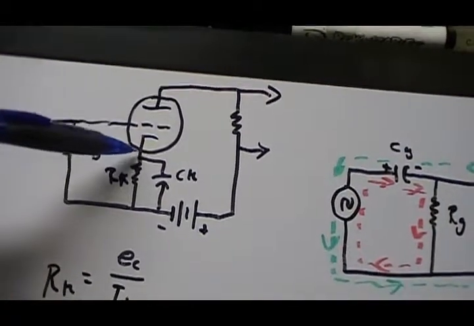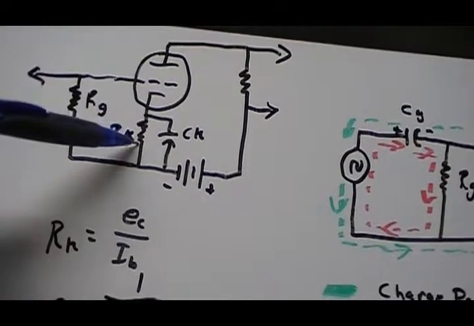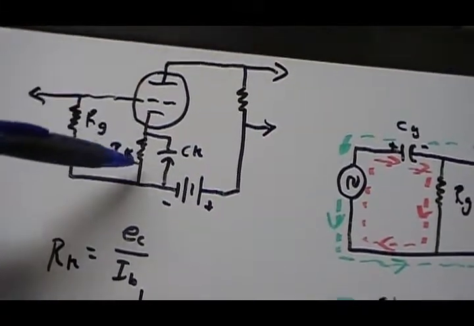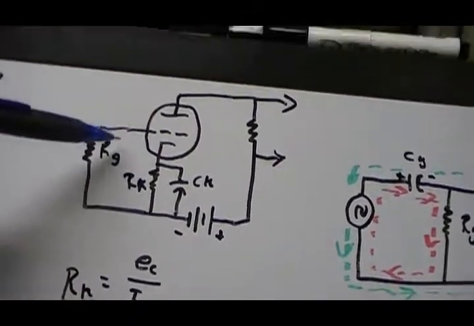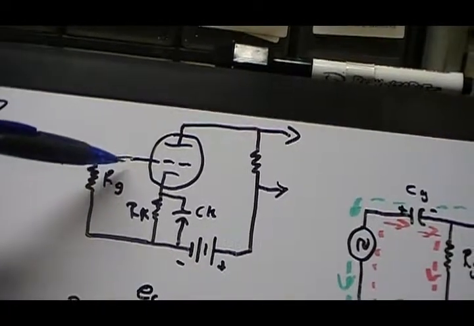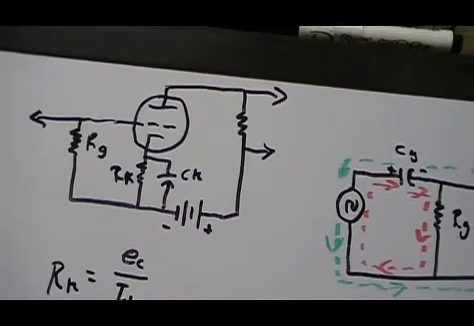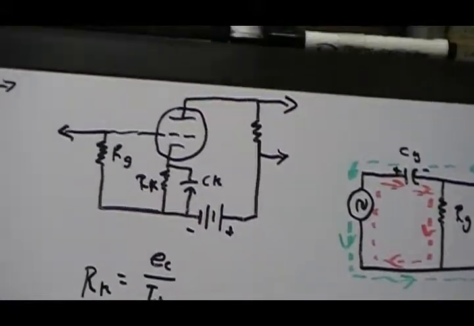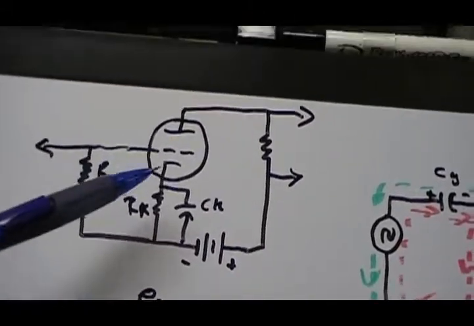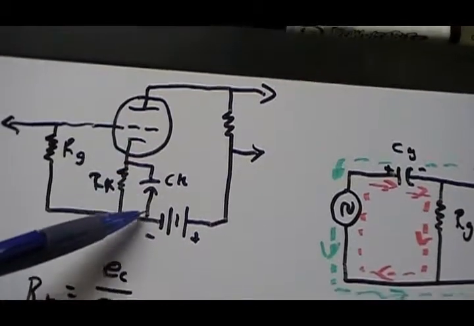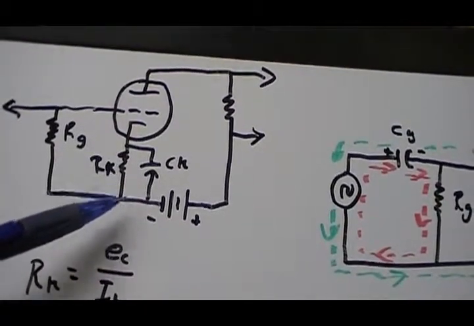Well, that's going to vary the cathode current, which is going to vary the voltage across here, which now is going to change and vary the no signal grid operating point, which is really going to start messing up your bias. So when I've got a signal, I want it to go through here and not here.